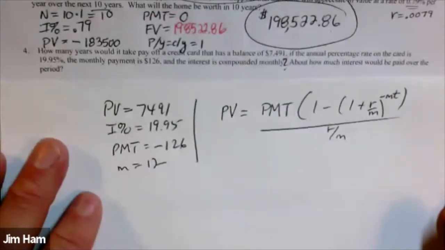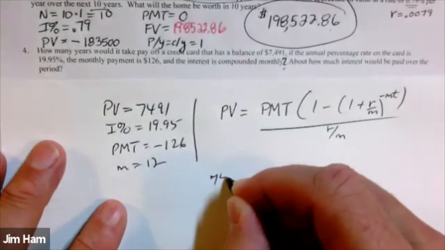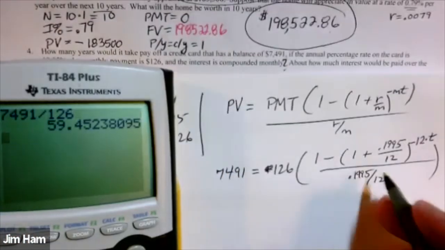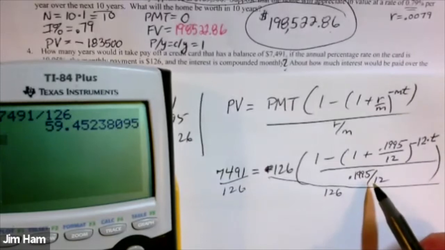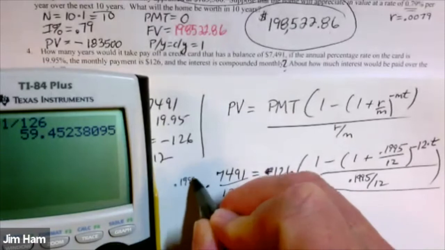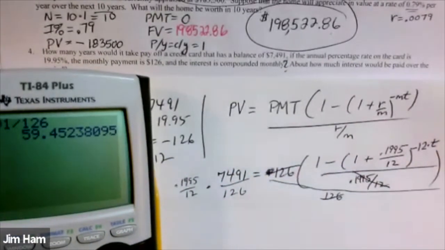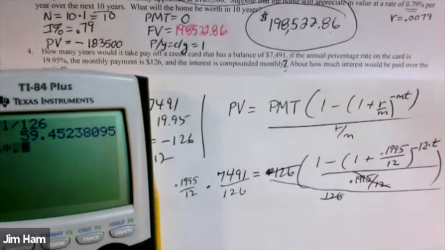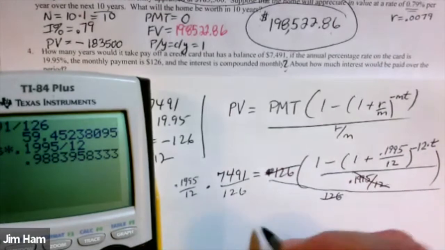So you should be thankful that you're not required to solve a problem in this way. I'm going to divide both sides by 126, and then I'm going to multiply both sides by 0.1995 over 12. So that will cancel, and these will cancel. And then times 0.1995 divided by 12. What a nightmare.